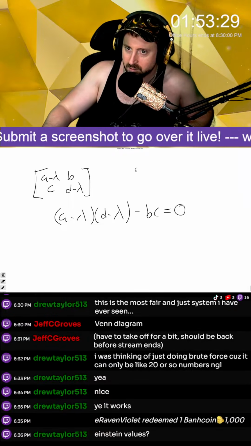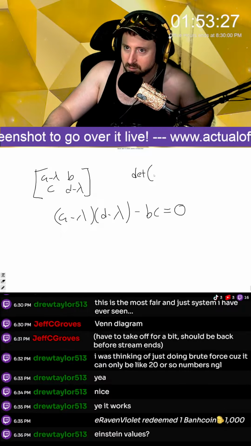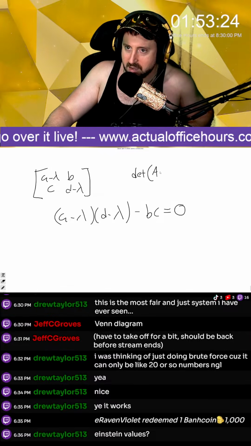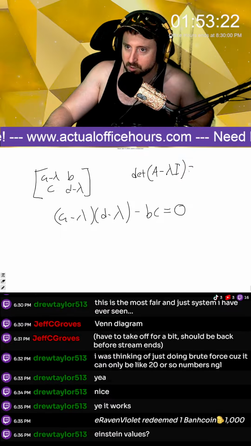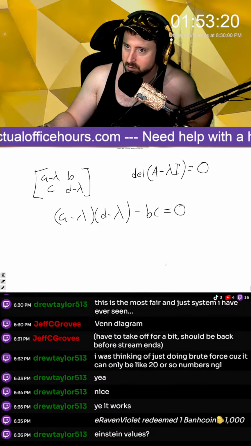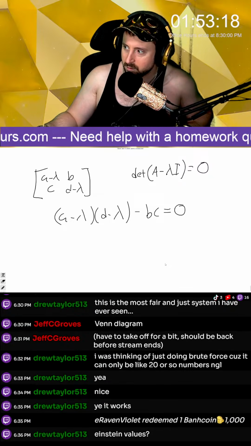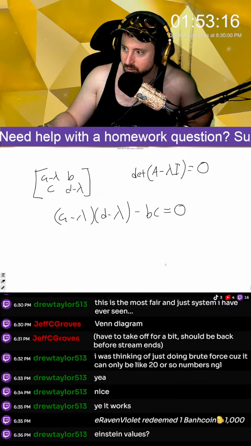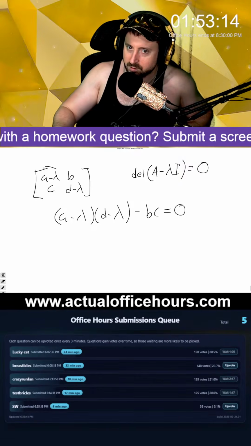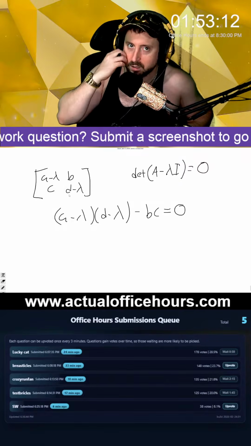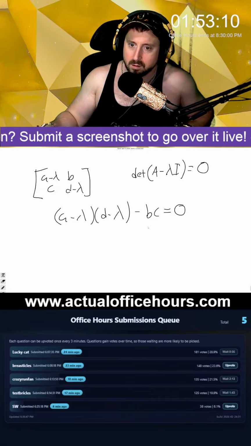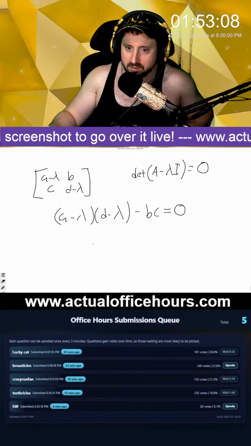I want to say it's like lambda I or something like that. I thought it was A minus lambda I is equal to 0. Yeah, the determinant of A minus lambda I. Okay, so then you get that.